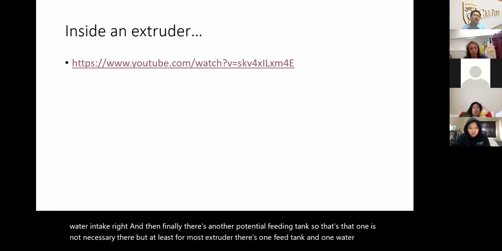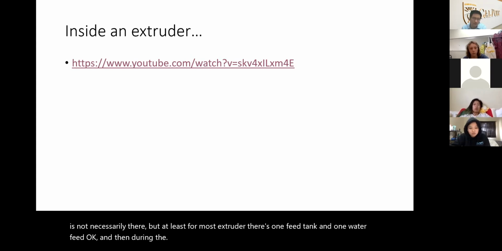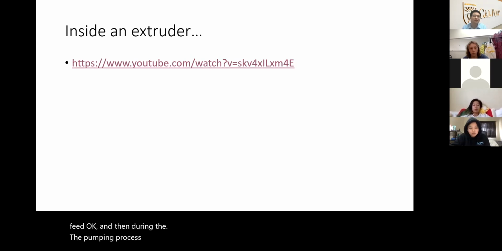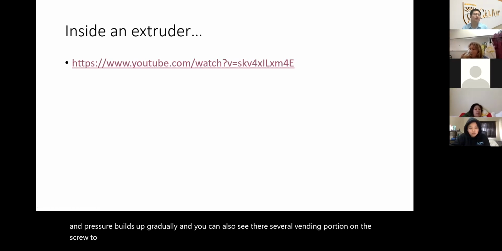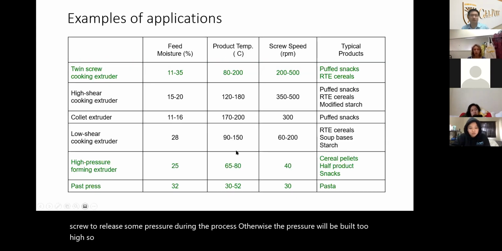Okay, and then during the pumping process, you see the particles gradually get melted because the temperature and pressure build up gradually. And you can also see there are several venting portions on the screw to release some pressure during the process. Otherwise, the pressure will build too high. So that's what most extruders look like, okay?